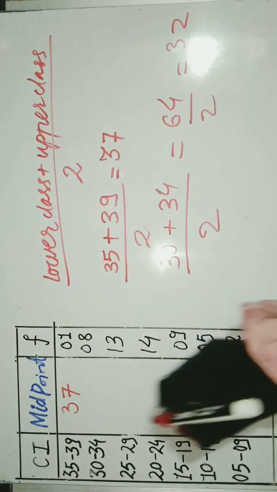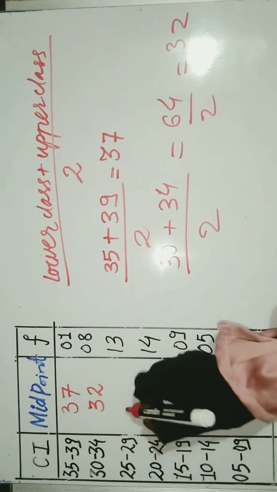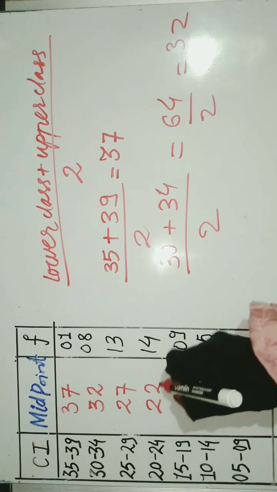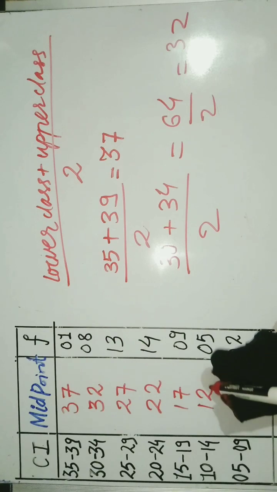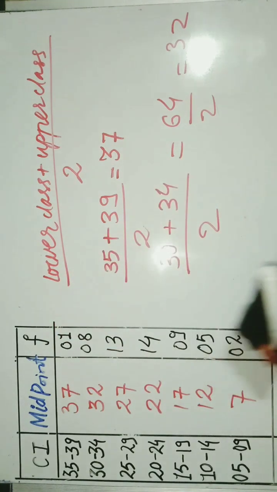Now similarly you can calculate all the midpoints: 32, 27, 22, 17, 12 and 7. We have got our midpoints.